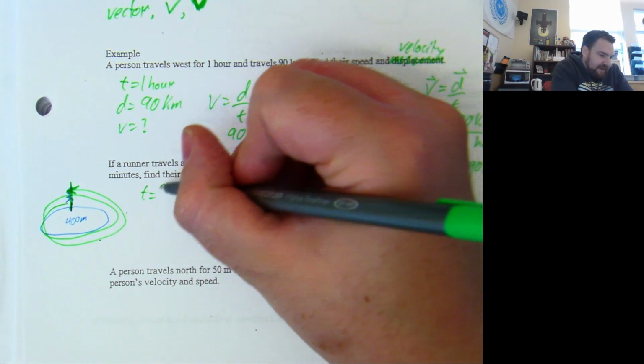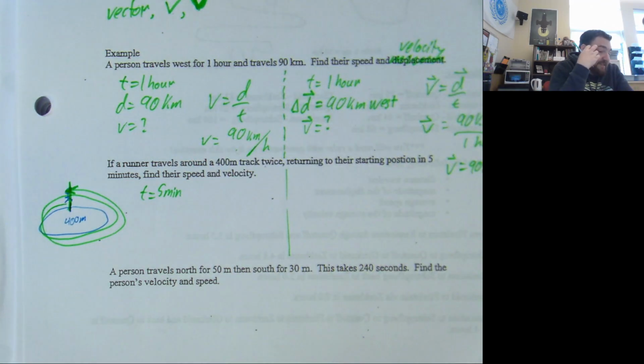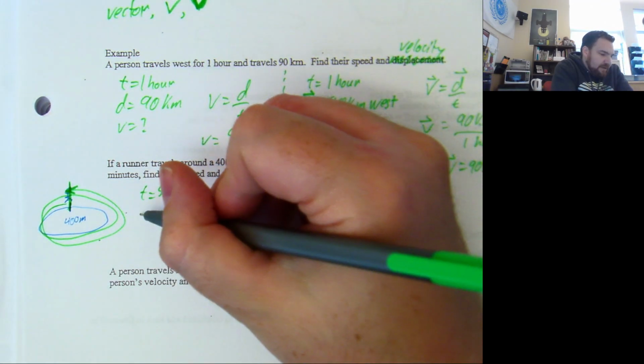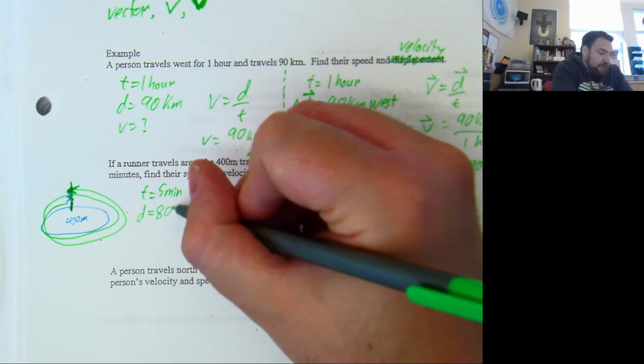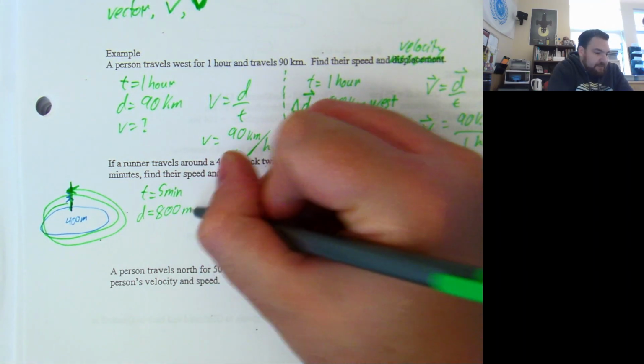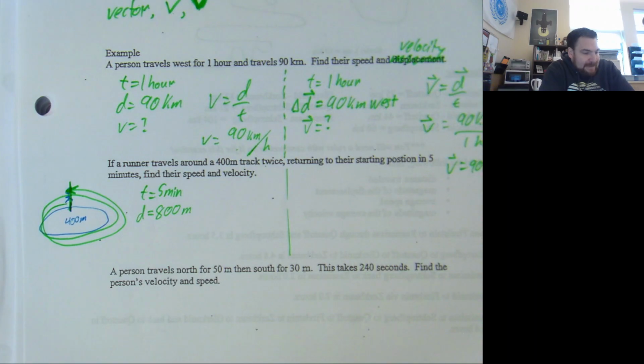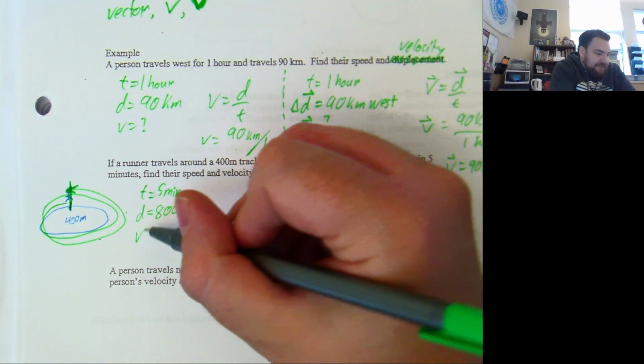So let's do it all again. Time is 5 minutes, which we're going to deal with because that sucks. D is what? 800. Twice around a 400-meter track. And we want the speed.